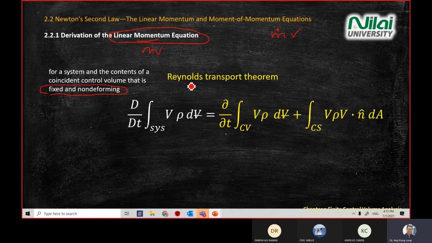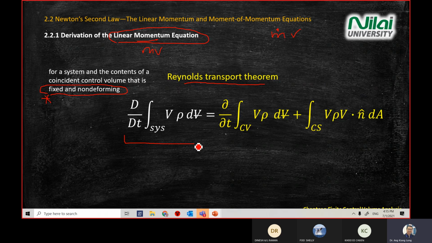Again, we call on the Reynolds transport theorem to derive the equation when we try to solve a control volume, and we look at the first scenario when our control volume is fixed and non-deforming. Later we look at two more scenarios: moving and non-deforming, and also moving and deforming control volume. So we start with the fixed and non-deforming equation.